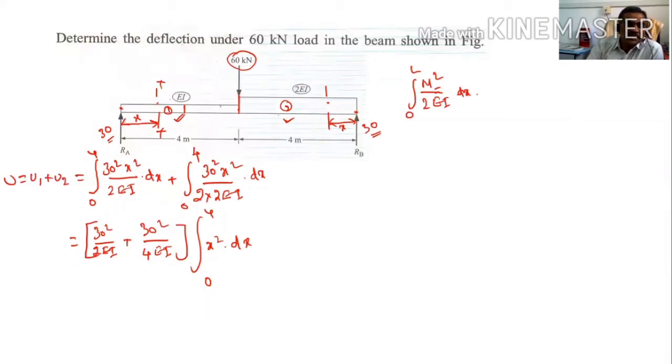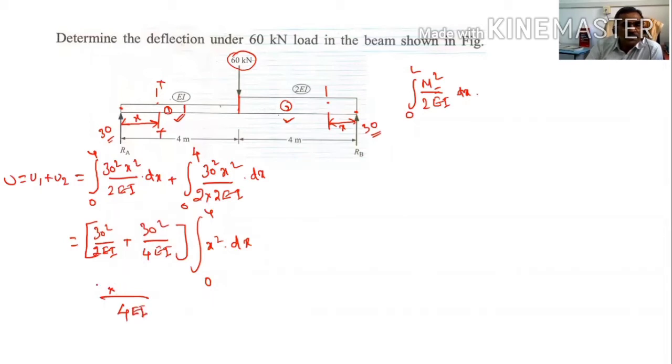Now if you take 2 EI commonly, this is 4, this is 2. Let us take 4, then it is 2 into... 4 EI. Let us take commonly 4 EI.